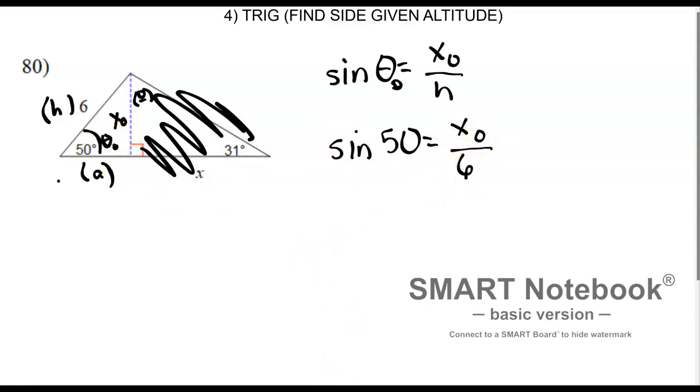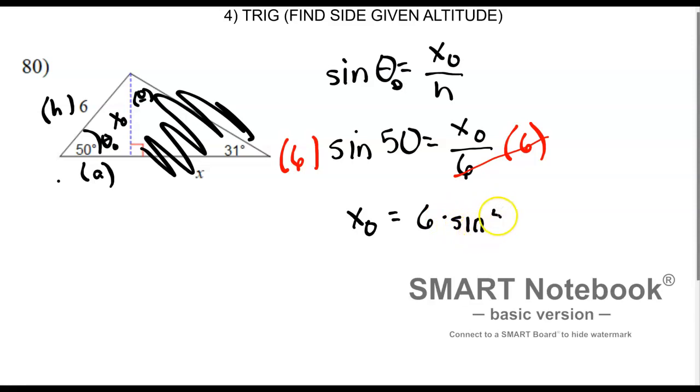In this case, again, we can pause the video to ask what algebra do we do to solve. Divide by 6 is canceled through a multiply by 6, so we're left with x naught equals 6 times sine 50.